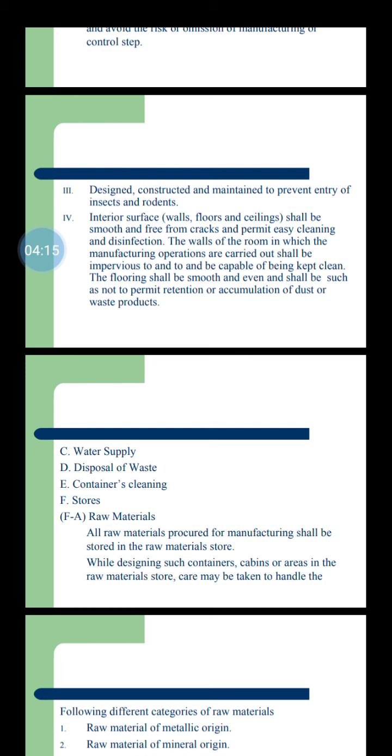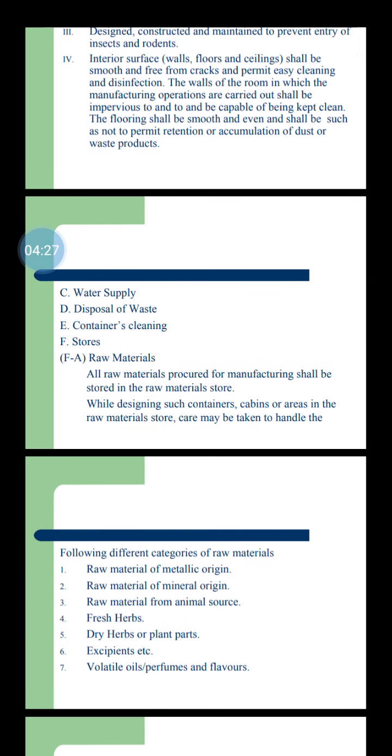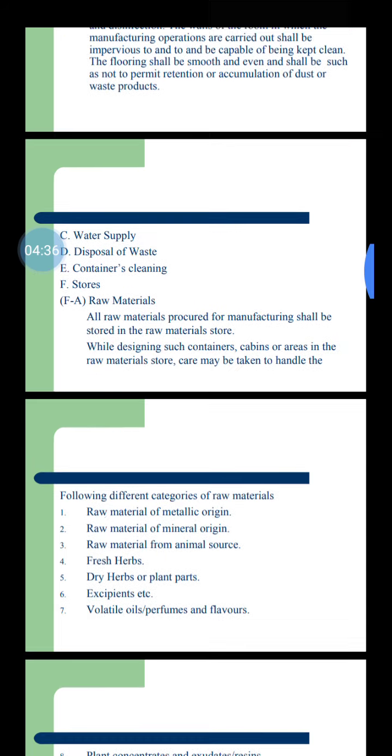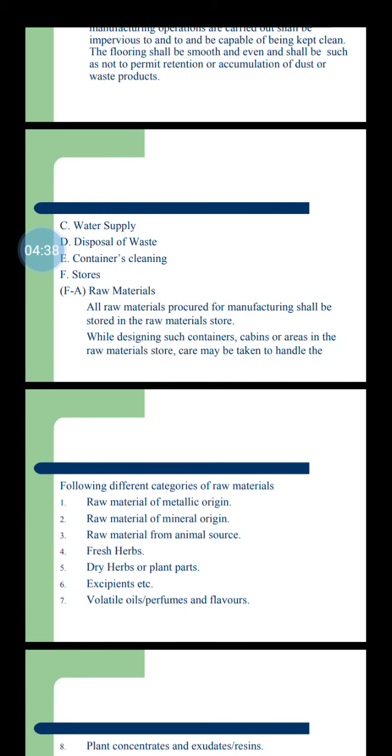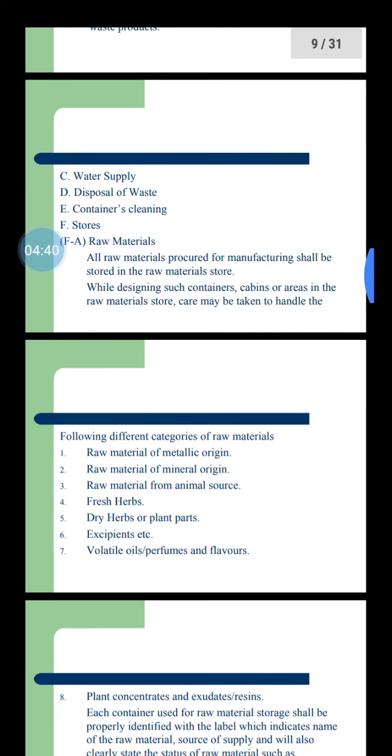The flooring shall be smooth and even, and shall not permit retention and accumulation of dust or waste products. Then water supply, a very important thing for manufacturing or production. The water supply, disposal of waste, container cleaning, and store.